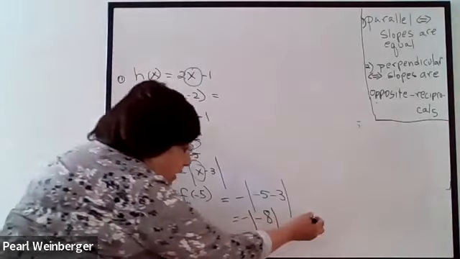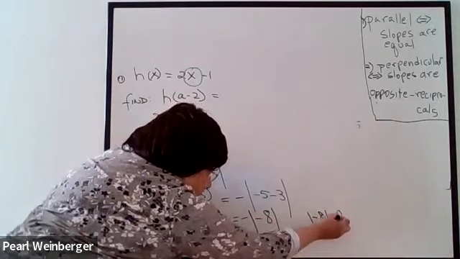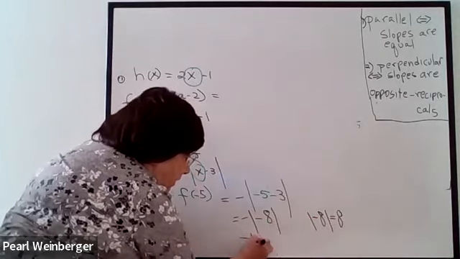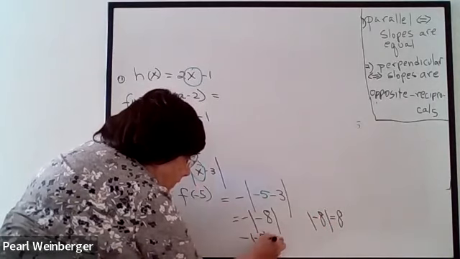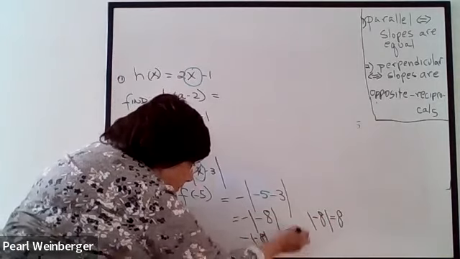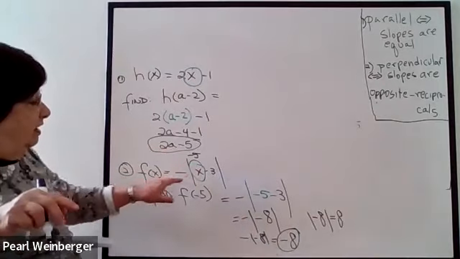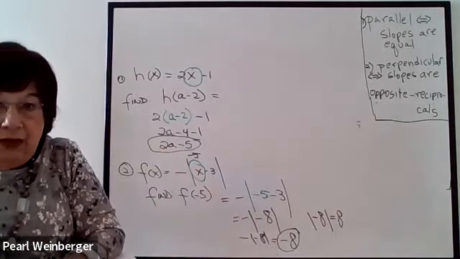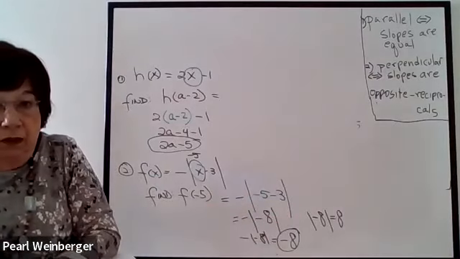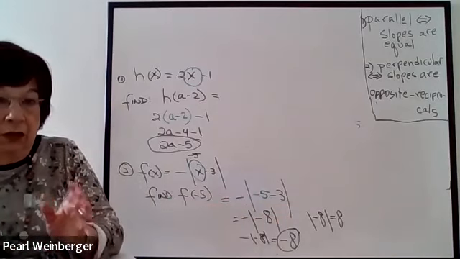So the absolute value of negative 8 is just equal to 8. Therefore, negative the absolute value of negative 8 is negative 8. My final answer is negative because this had a negative on the outside of the absolute value. And notice all you're doing is replacing.